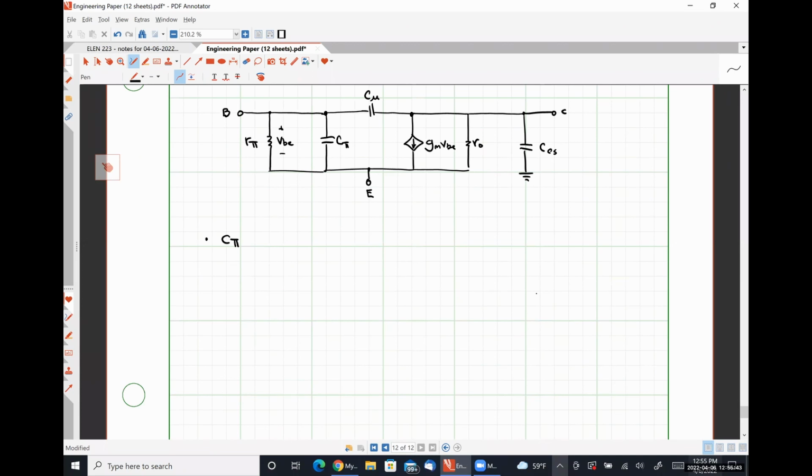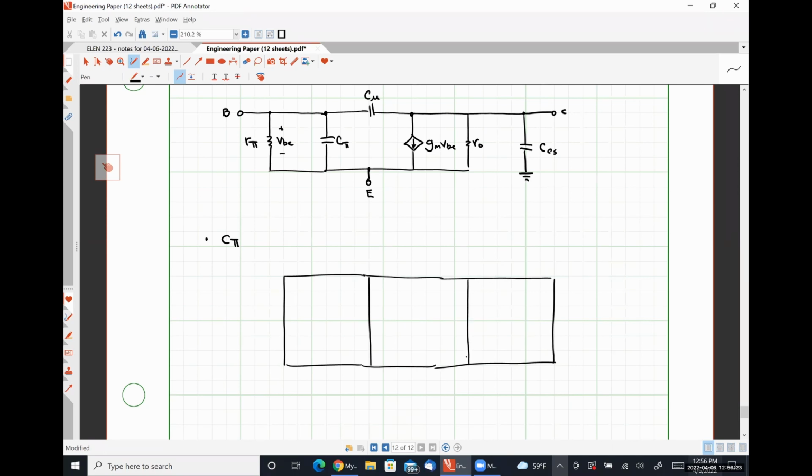So I'm going to draw our big ugly BJT model again. And let's say that here is a transition. Here's a transition like so.